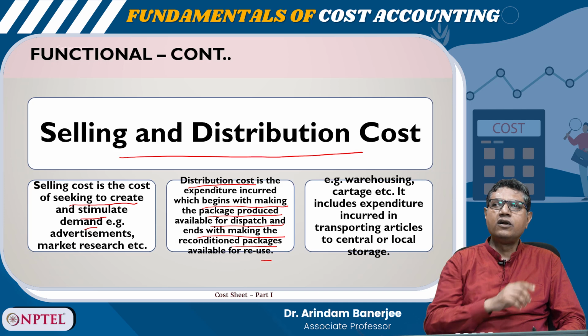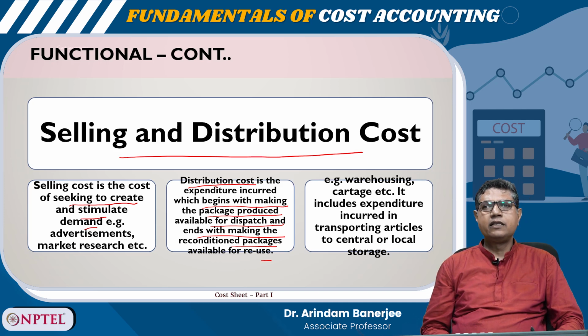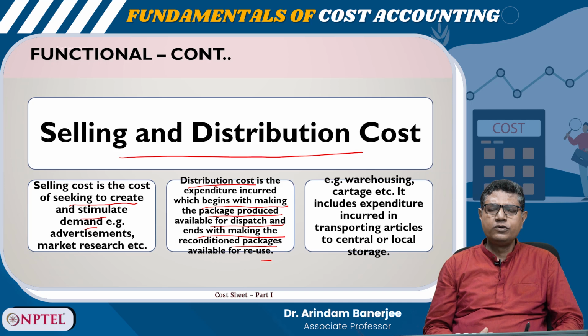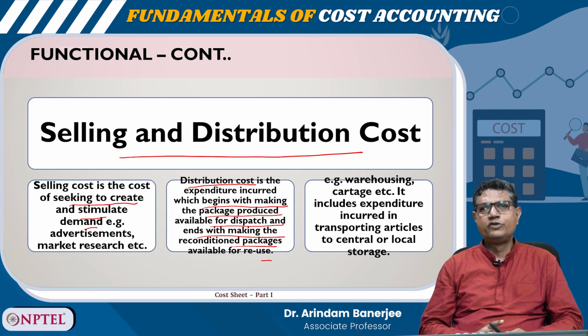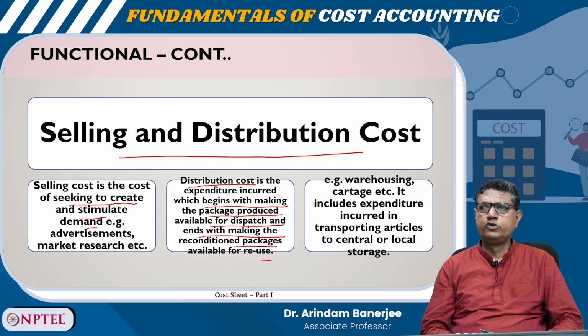This channel is called the distribution channel, and the cost incurred for maintaining it is called the distribution cost. Selling and distribution go hand in hand. When you combine these two, it is called selling and distribution cost.